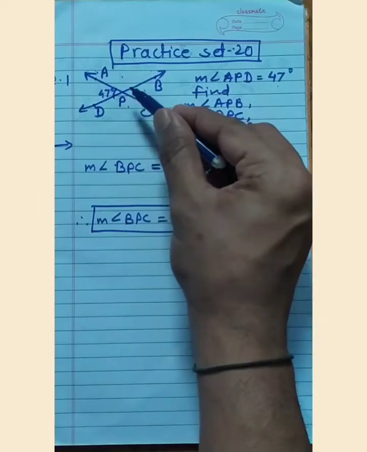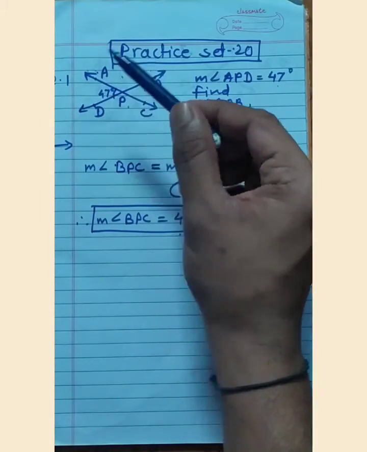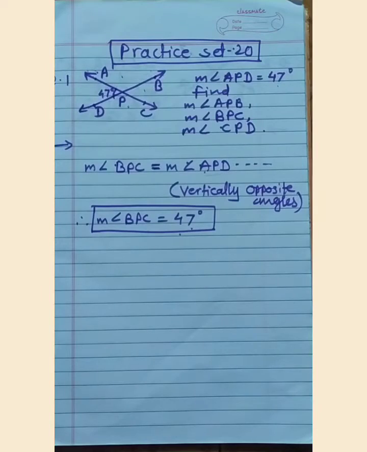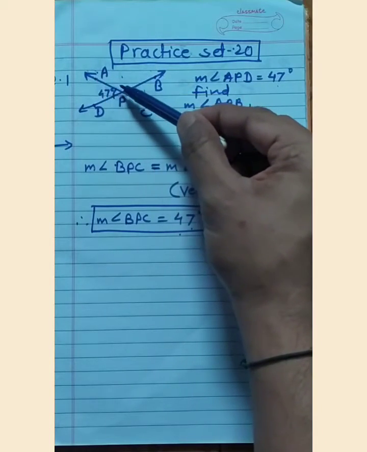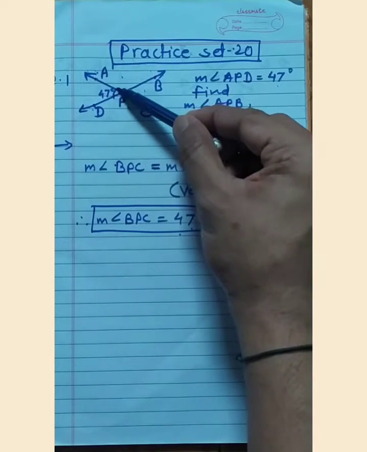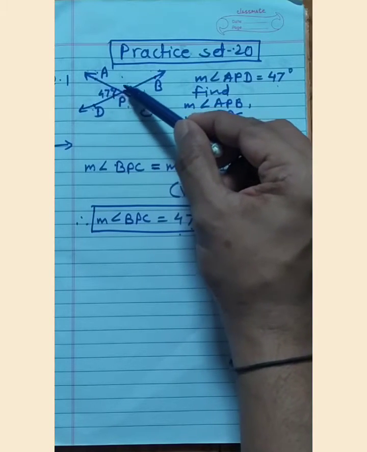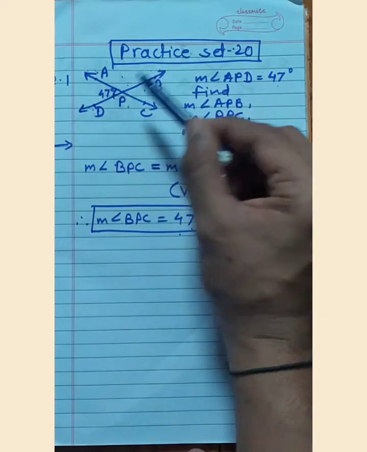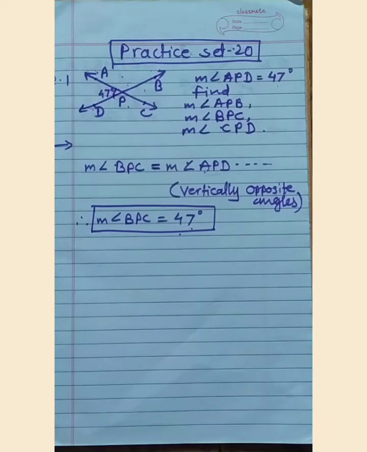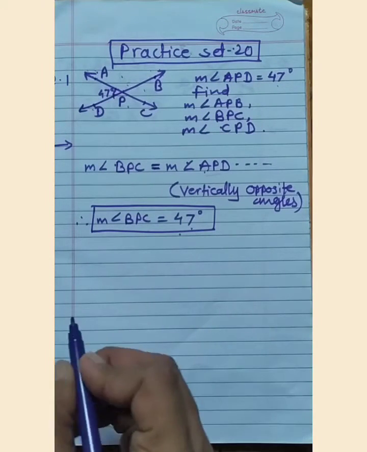Now if we recall the previous part, we come to know that angle APD and angle APB make a linear pair. These are a pair of linear angles.